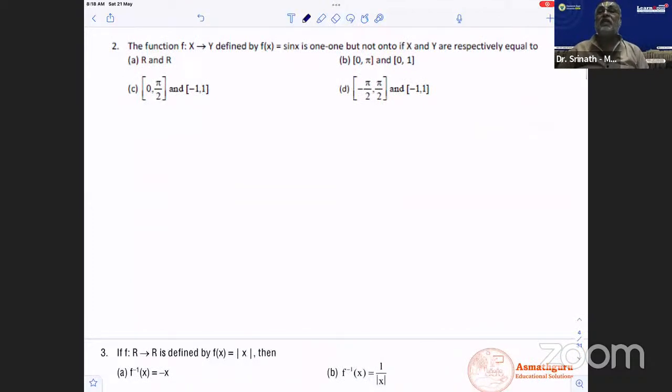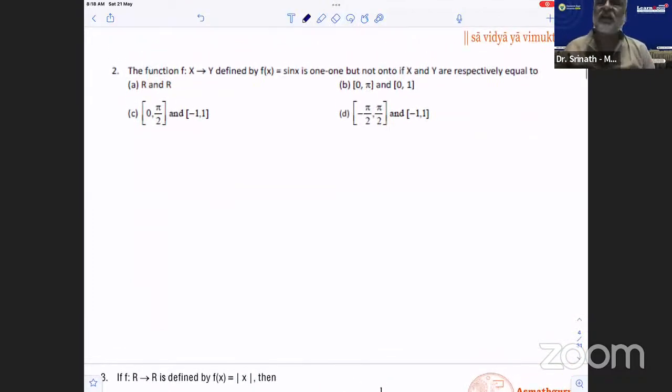One by one. I hope the screen is very clear to you. Here, f is a function from x to y defined by f of x is equal to sine x. What is given? It is 1-1, but not onto. So if x and y are respectively equal to, how do we choose this?